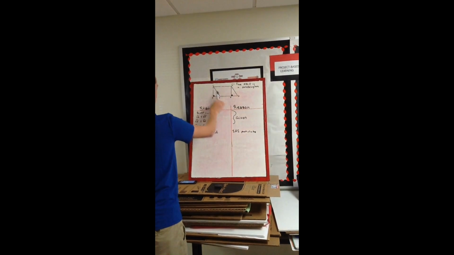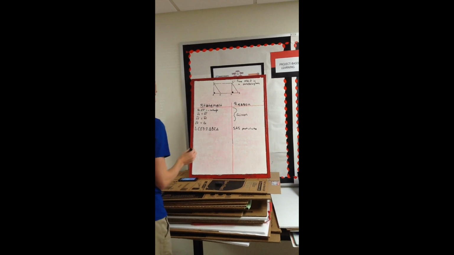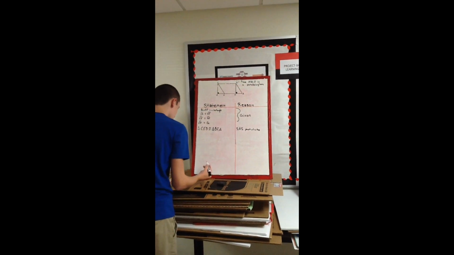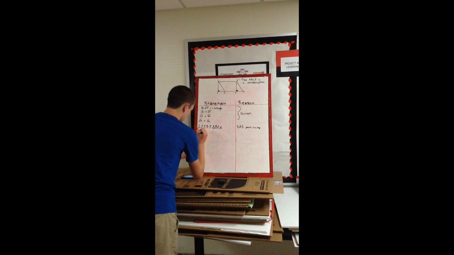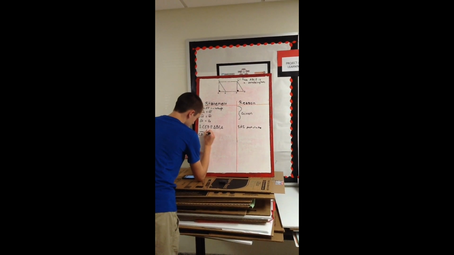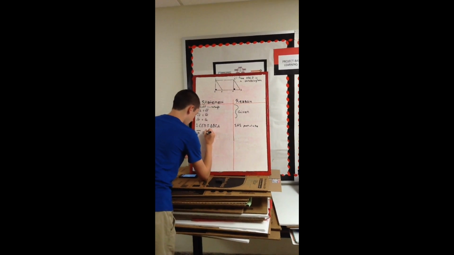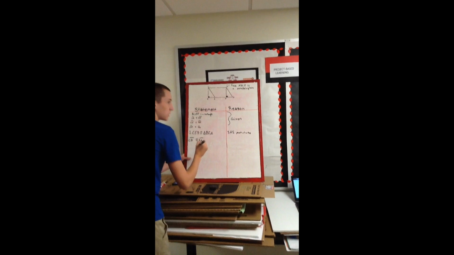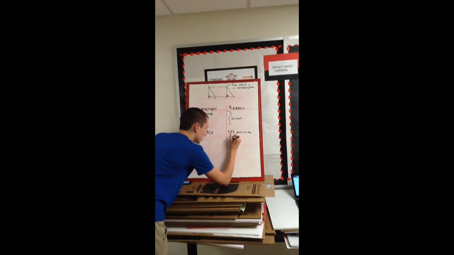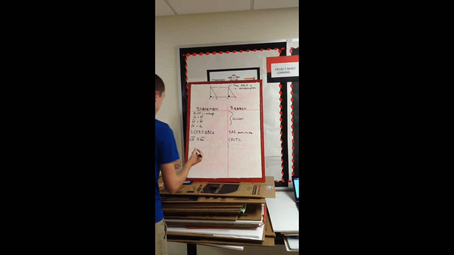because they have BF and CE congruent, these two angles are congruent, and ED and FA are congruent. So we can then move on to say line CD is congruent to line BA because of corresponding parts of congruent triangles are congruent.